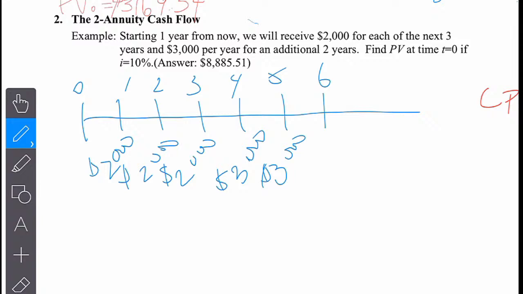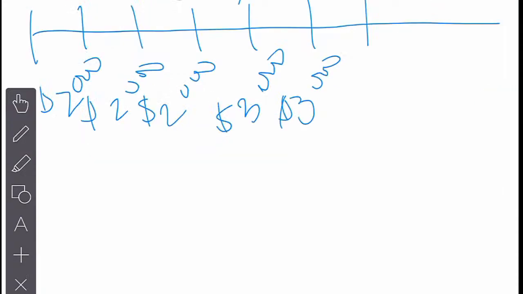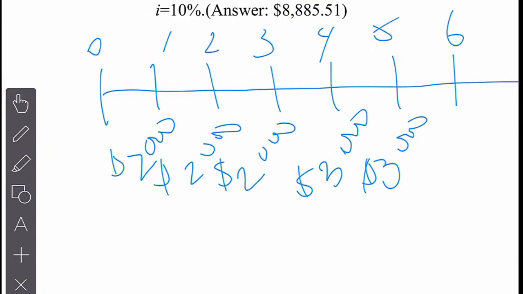All right. So what I have here, I call it the 2 annuity case. You have this annuity here. And then you have this annuity here.